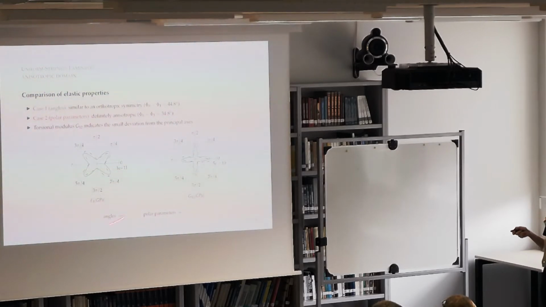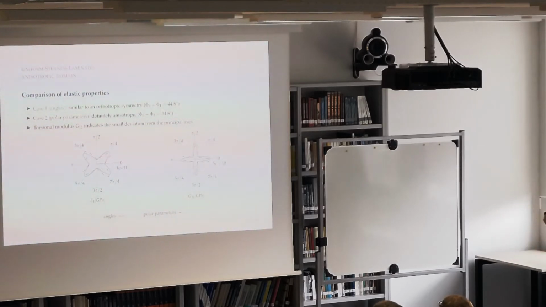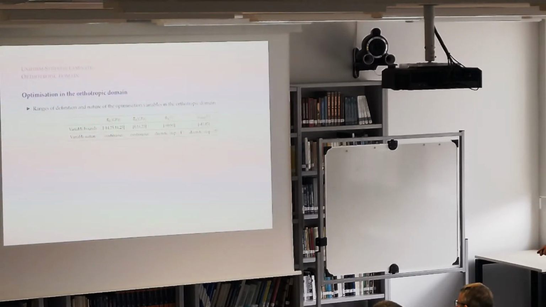But if I look at the diagram of the Young modulus, I can almost detect 2 axes of symmetry for the polar parameters. So I can say that both my cases resemble somehow an orthotropic symmetry, so I will continue the rest of my study only in the orthotropic domain.